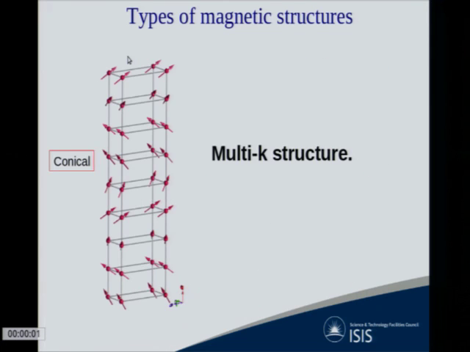A very famous example is the conical structure, which, to describe it, you need two different wave vectors. A conical structure can be represented as a rotating component, which forms a spiral, and then a ferromagnetic component that is perpendicular to the plane of the spiral. And this is seen in very simple metals, for example like holmium, a metallic state ordered in this particular spin configuration.